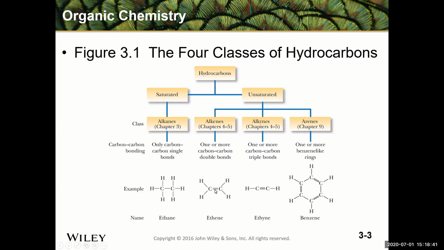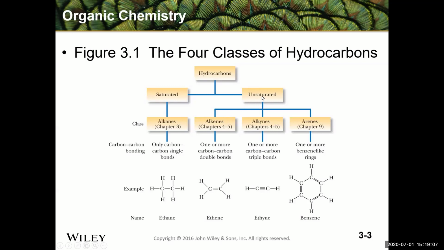Each carbon atom has 3 electron groups, and there's a carbon-carbon double bond. We'll get into this, but in ethene, the hybridization on these central carbons is sp2. And going back to the saturated alkanes, the hybridization scheme on the carbons is sp3.